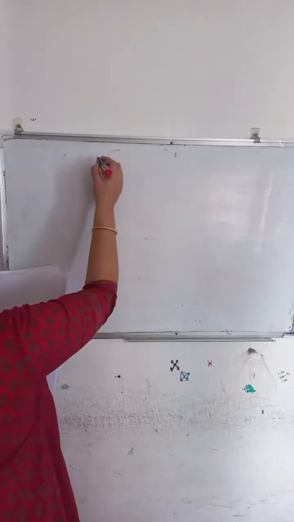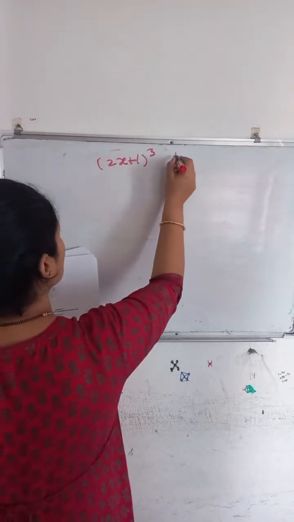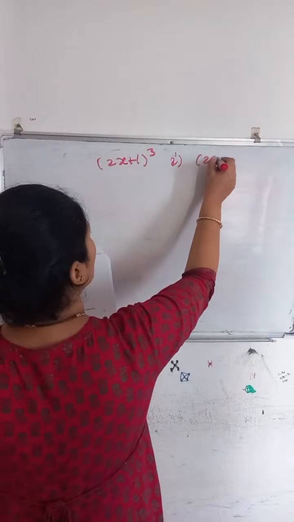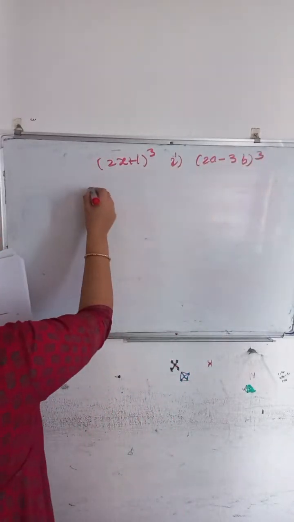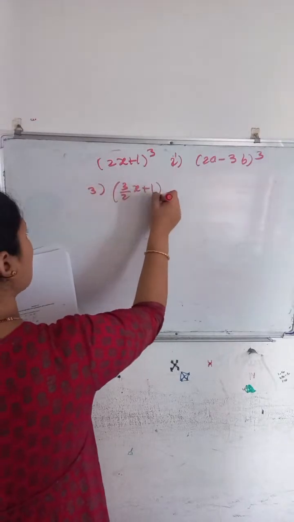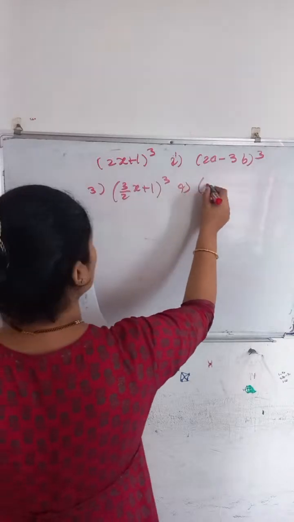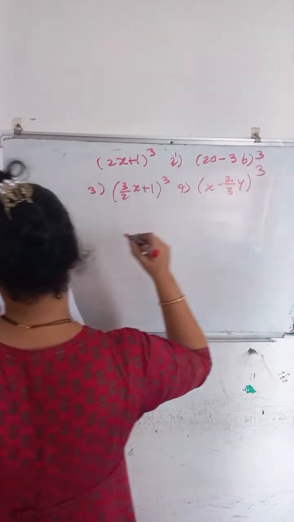Write the expanded form: (2x + 1) cube. Second one: (2a − 3b) whole bracket cube. Third one: (3/2 x + 1) cube. Fourth: (4x − 2/(3y)) whole bracket cube.